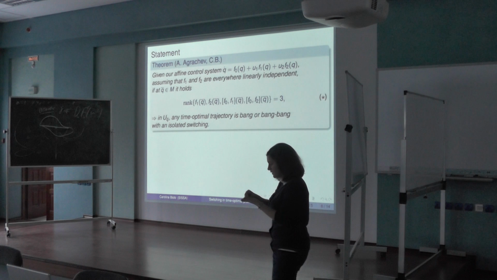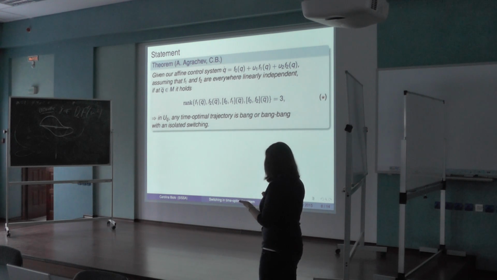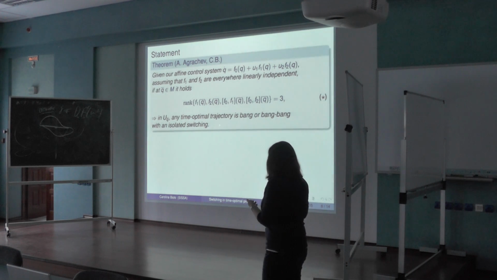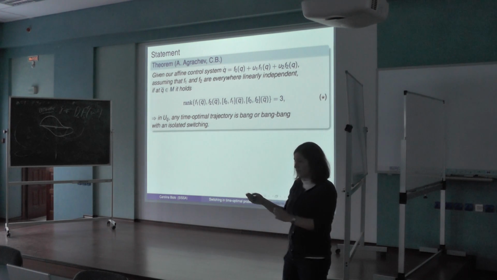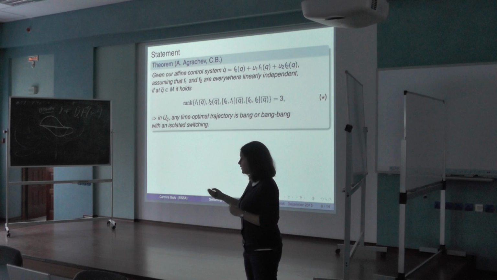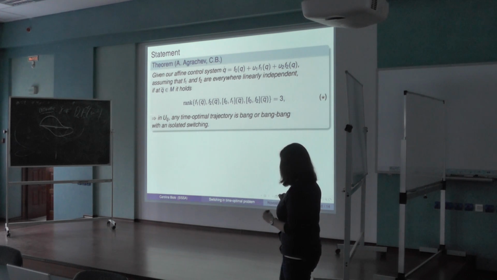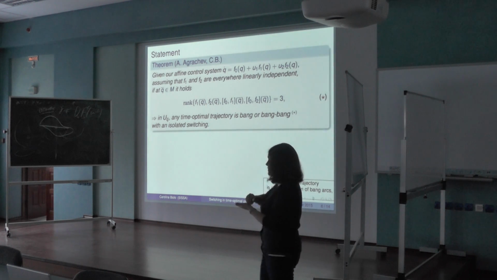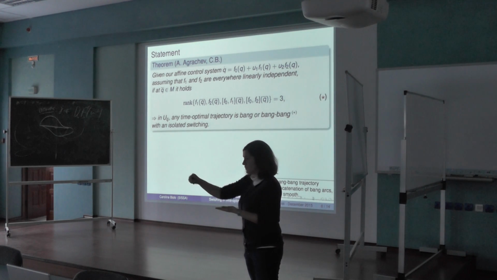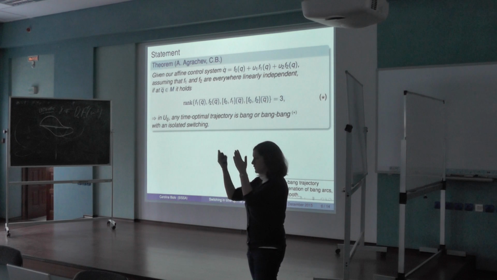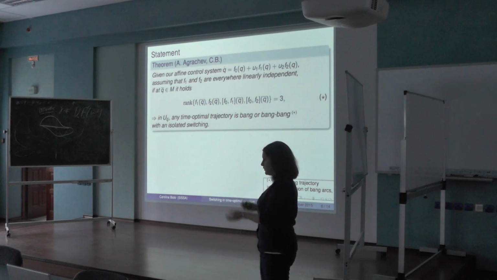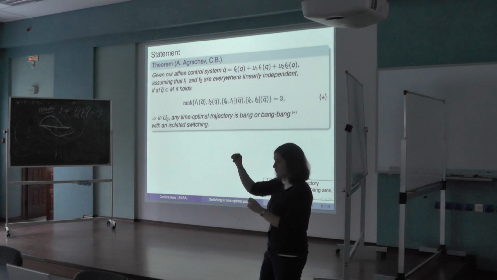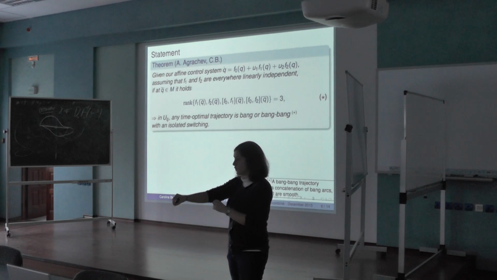Then in a neighborhood of Q bar, any optimal trajectory is bang, namely it is smooth, or is bang-bang with an isolated switching. Bang means that the trajectory is a concatenation of bang arcs. So in our cotangent bundle, it means that the corresponding extremal passes through the singular locus and immediately goes out.